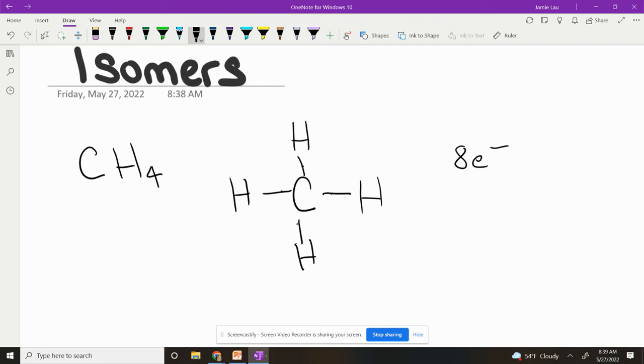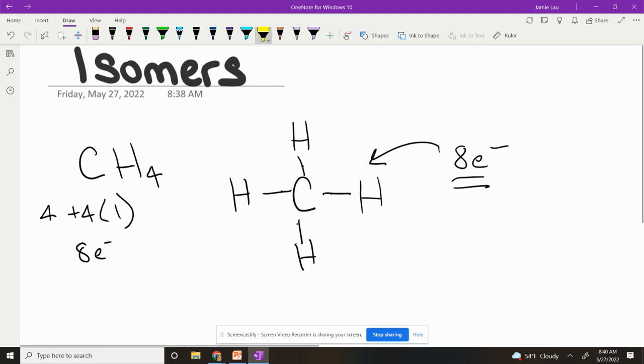To verify that 8 is the total number of electrons I want to see in the drawing, carbon itself has 4 electrons, plus each hydrogen has 1, so that's a total of 8. Since these two numbers equal each other, we know the structure is valid.